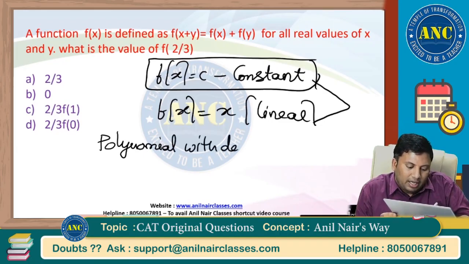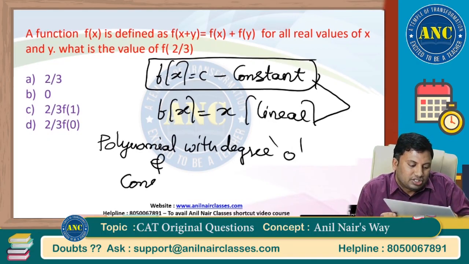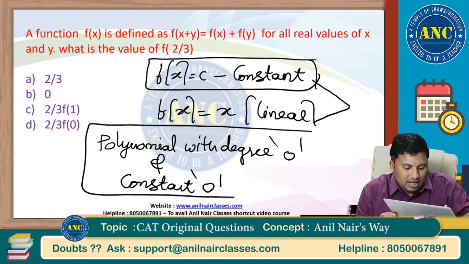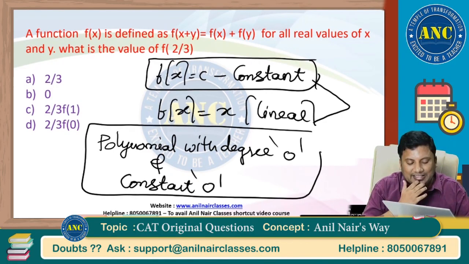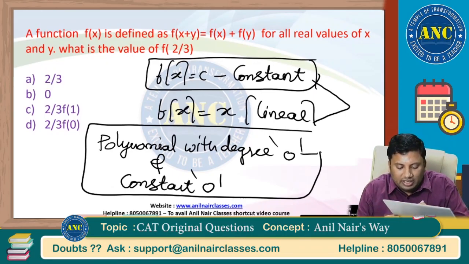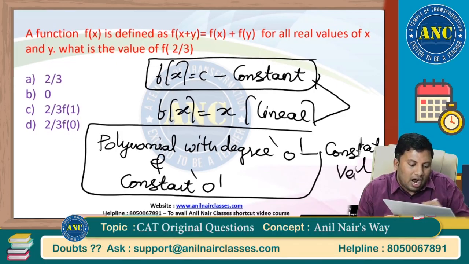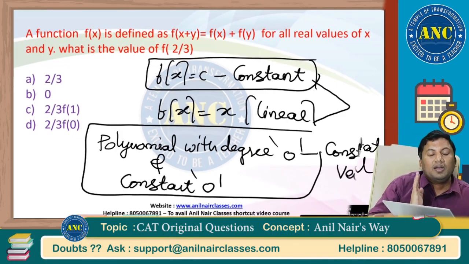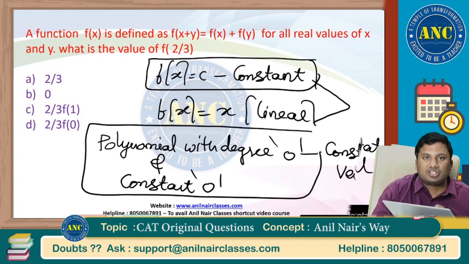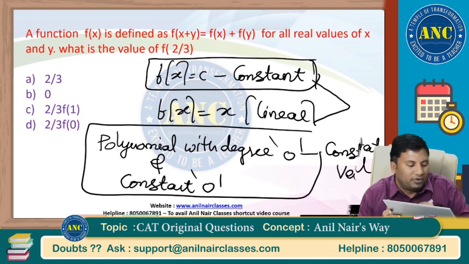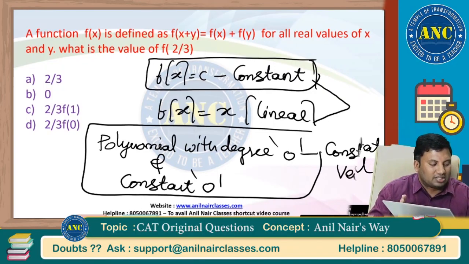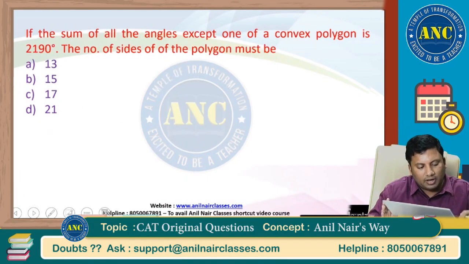A polynomial with degree 0 is a constant value. Constant 0, right? 1, 2 and 3 are constants. There is a difference between 0, 1, 2, 3. Vishnu, please go through the basics first. Write down. Next one.